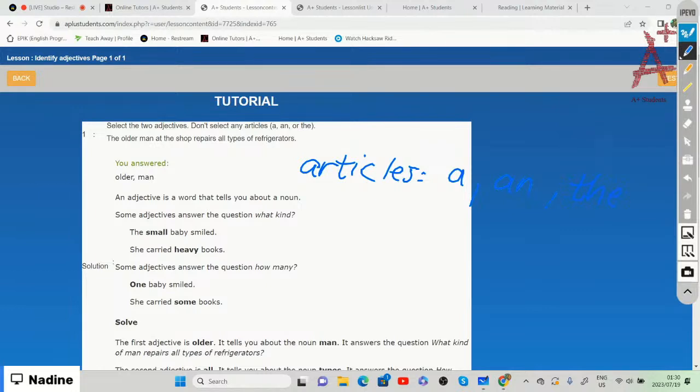So a, an, and the are not adjectives. So you never select a, an, or the as an adjective, right? That is not an adjective that describes the noun. So articles, we do not select articles as adjectives.